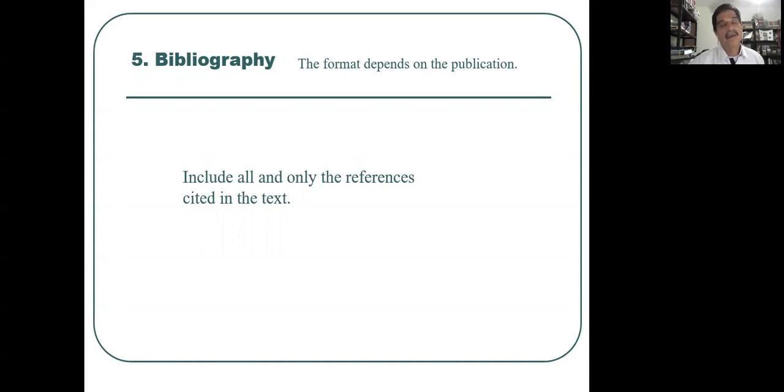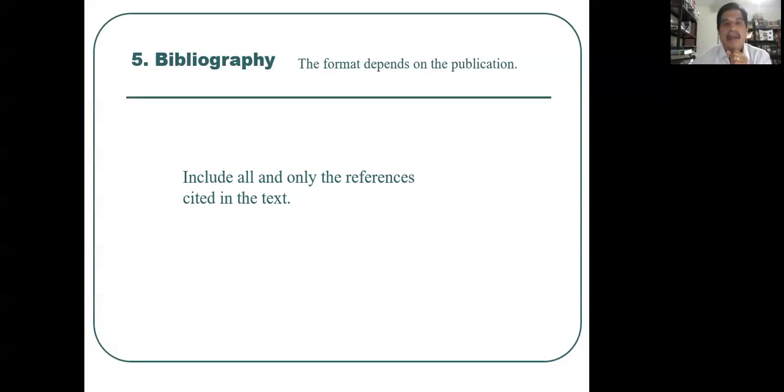So if you include 10 references, then I'm going to check if all of these 10 references are cited inside the text. So if you don't use them, don't include them. If you include them, then you have to cite them. I'm going to take this opinion as recommended by this author and things like that. Yeah, but you're using it. That's all what you need to include as reference.